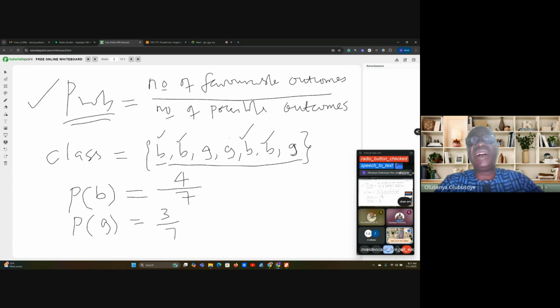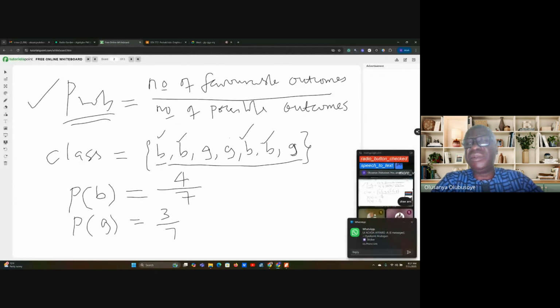So if, for instance, you perform an experiment, you need to first of all list all the possible outcomes. So if you have a coin and you toss it, it's either head or tail. So there are 2 possible outcomes.